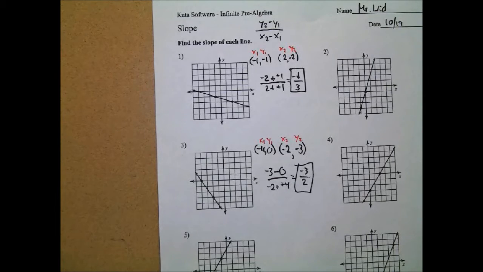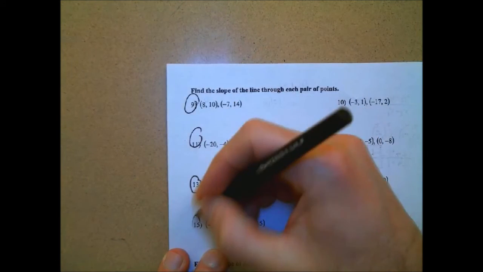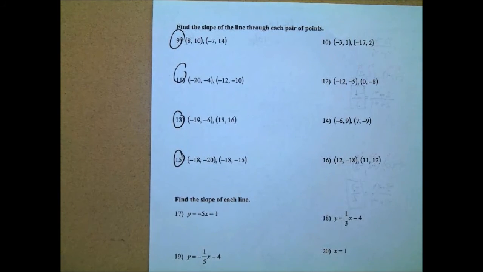But you can also use the slope formula if you want to, too. Okay, your choice. But that is your assignment. Okay, circle them if you need to. So 5, 7, 9, 11, 13, 15. Okay? And that will be your homework if you don't finish in class.